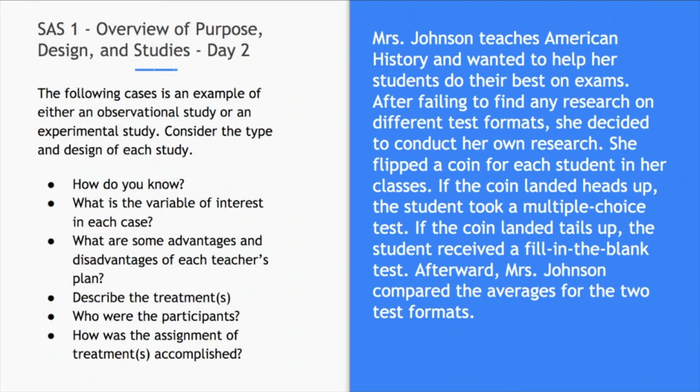So, did we give them any treatment? That's pretty much the litmus test to see if it's experimental. We did give some students one kind of test and other students another kind of test, but really we're just observing to see how they do on both tests. We're not really giving them a treatment to see if anything changes, okay?